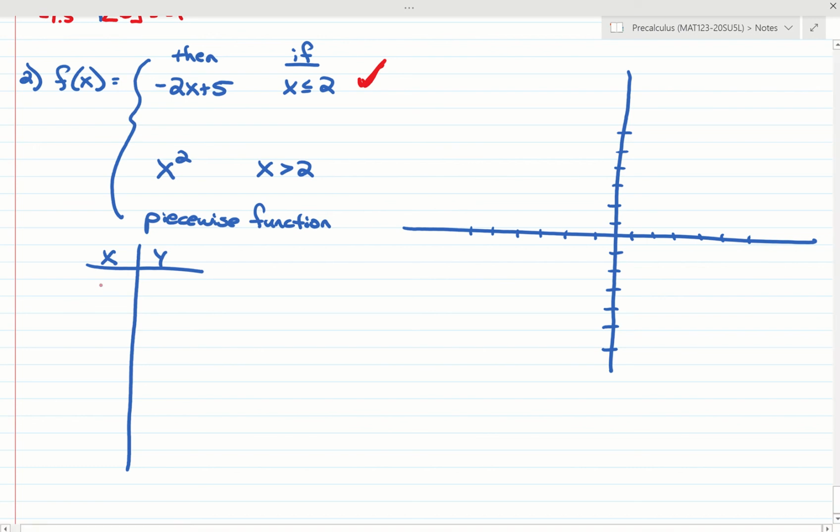So let's say x is 2. If x is 2, the y value is going to be negative 2 times 2 plus 5, which is negative 4 plus 5, or 1. Right here. If we were to plug 3 in, negative 6 plus 5 is negative 1.